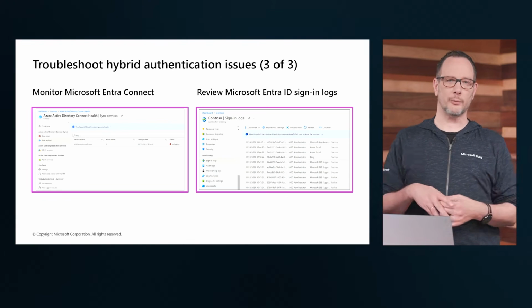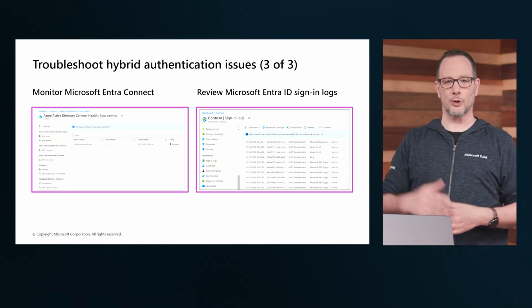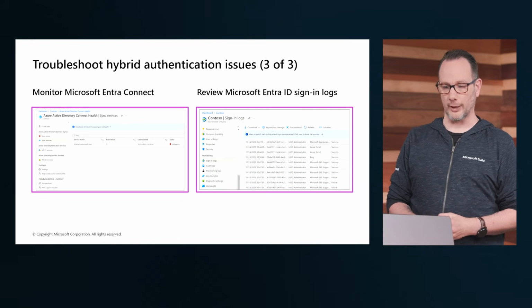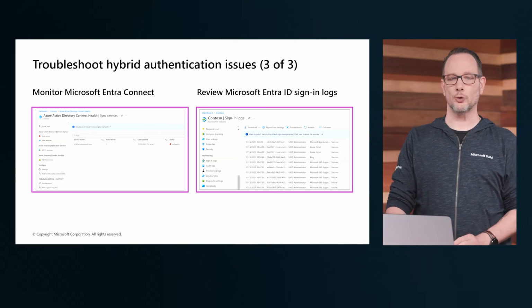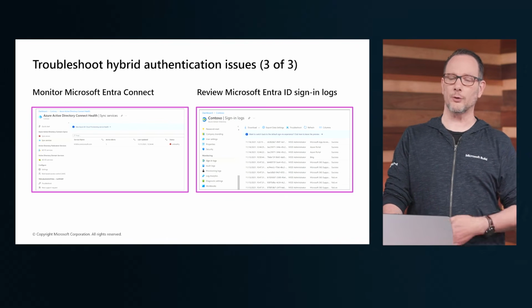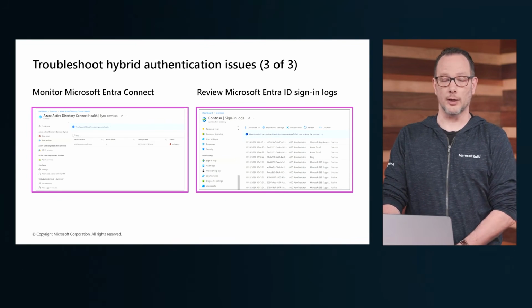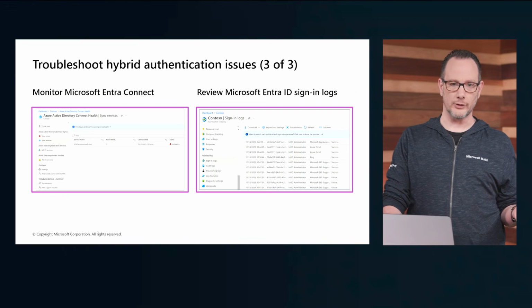So you could start the troubleshooting in the on-prem environment, or you could start it from a cloud perspective. Within Entra ID on the Azure side, you could also look into sign-in logs, finding out why a user can or cannot authenticate for whatever reason.